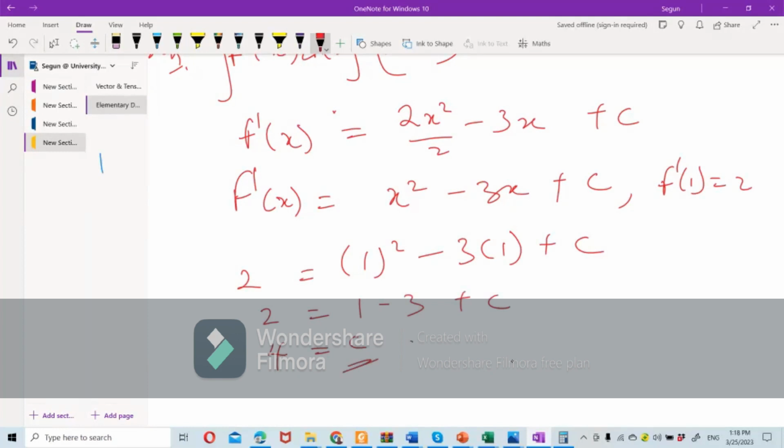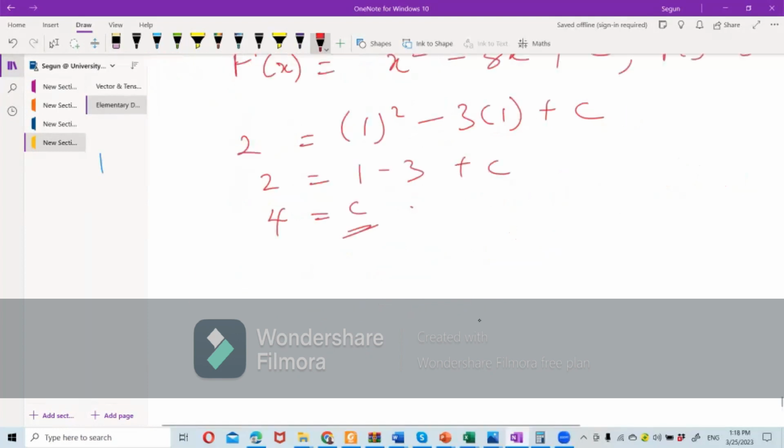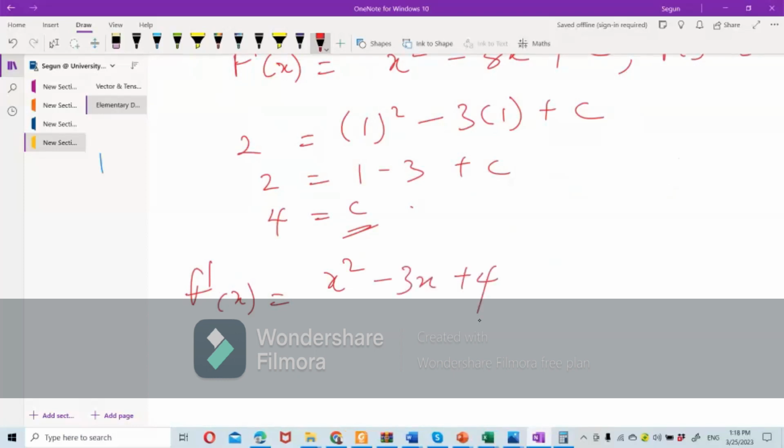So I can rewrite my f prime of x to be equal to x squared minus 3x plus 4. Any question? Is that the solution?